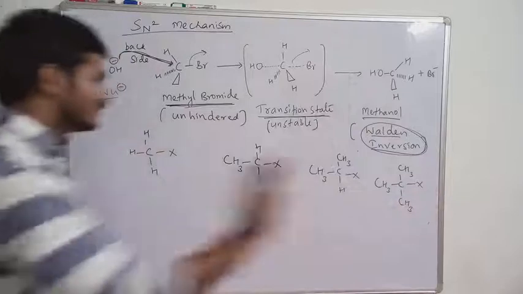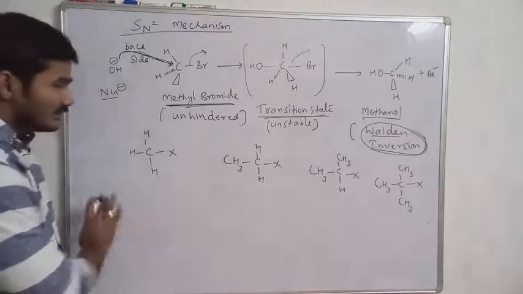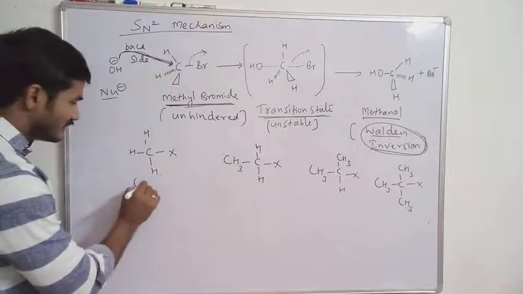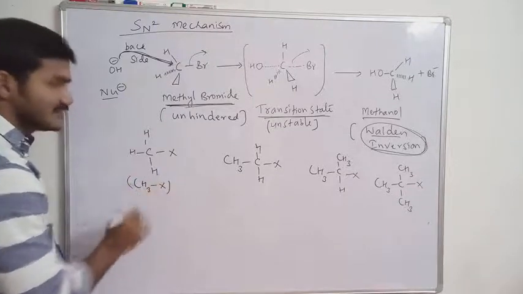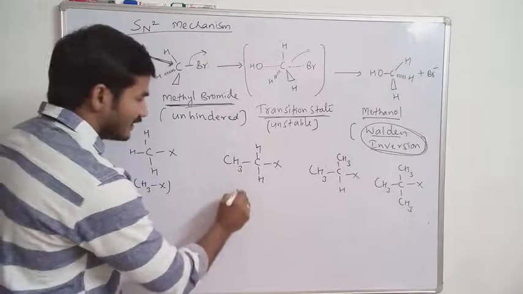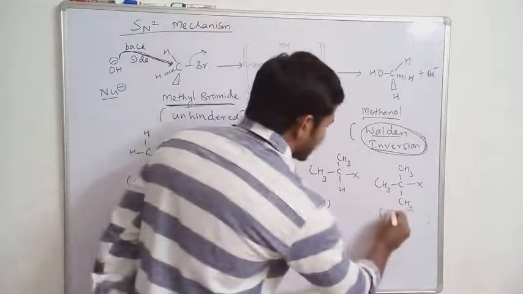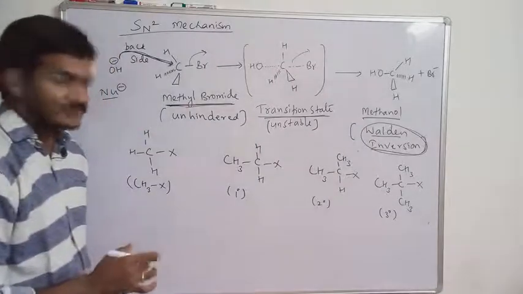I have taken 4 different examples. This is said to be methyl halide like CH3X. This is the primary alkyl halide, this is the secondary alkyl halide, and this is the tertiary alkyl halide. All 3 are alkyl halides.